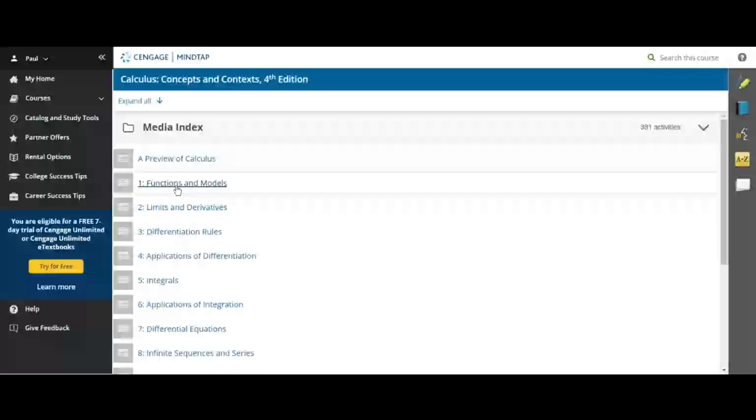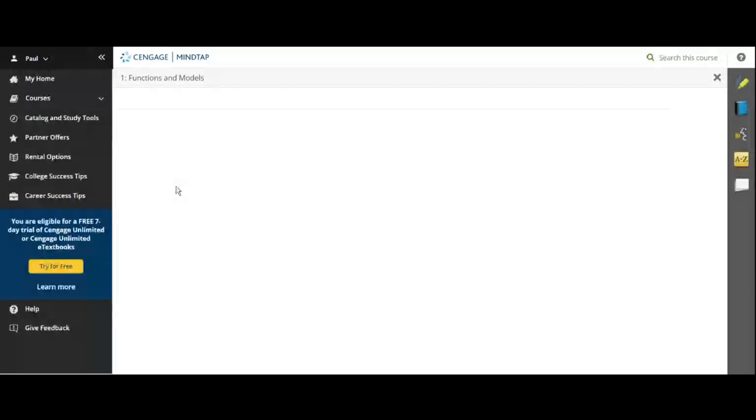So what I want to do is go into the ebook here, and I want to just point out an example in section 1.3.